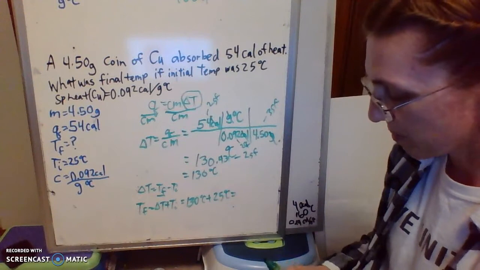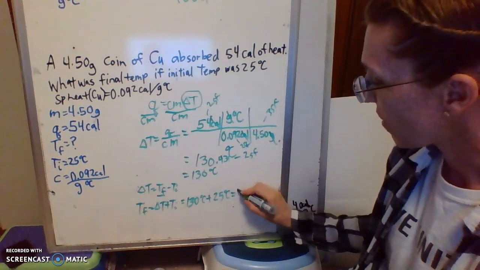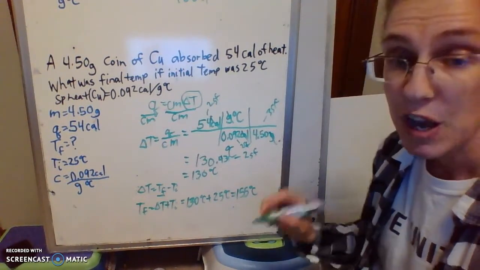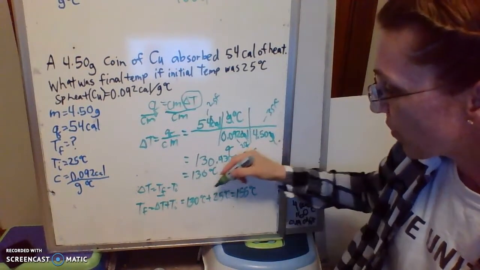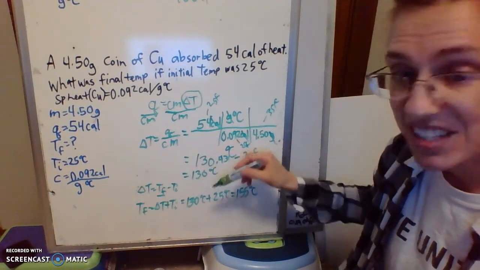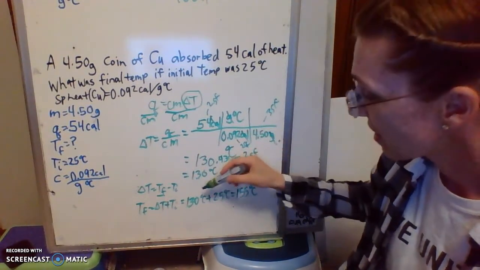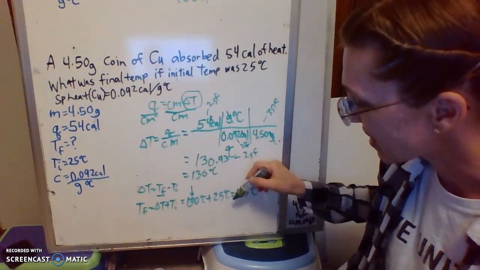Let's go ahead and do the math. And we get 155 degrees Celsius. But remember, we need significant figures here. So here, with addition and subtraction, the significant figures are different, right? Here, we've got significance only to the tens place.